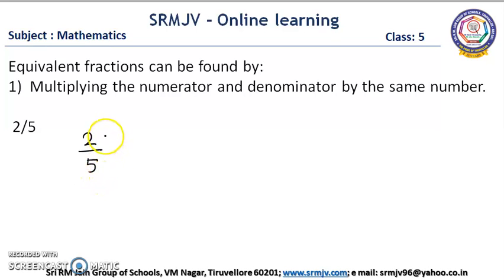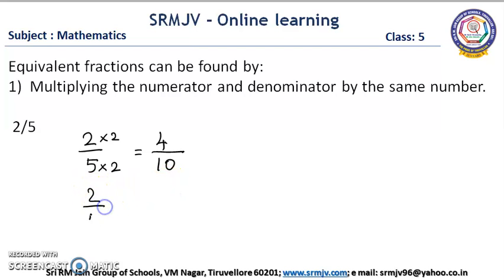We have to multiply the numerator and denominator by the same number. Now, I am multiplying the numerator and denominator by 2. 2 2s are 4, 5 2s are 10. So 2/5 and 4/10 are equivalent fractions.